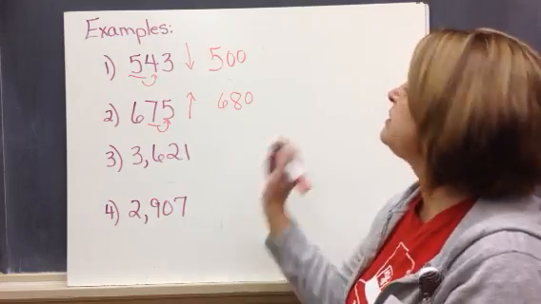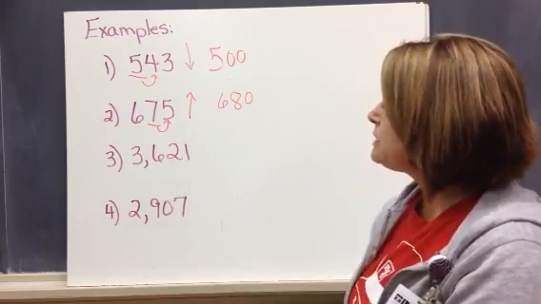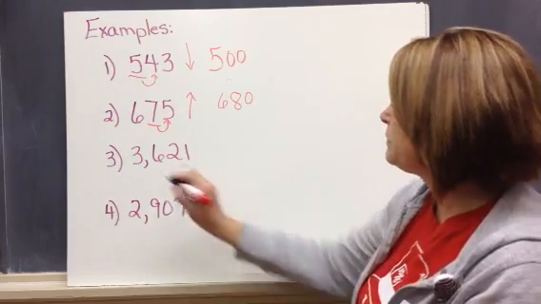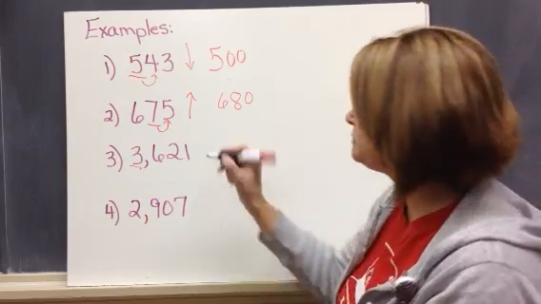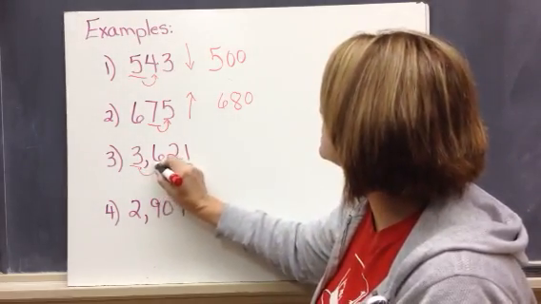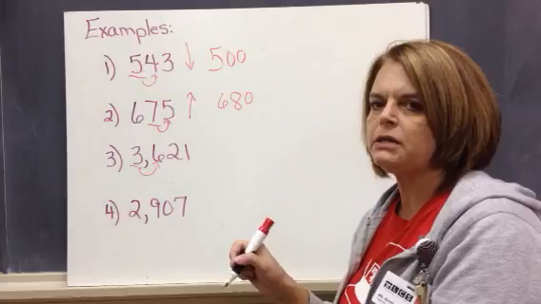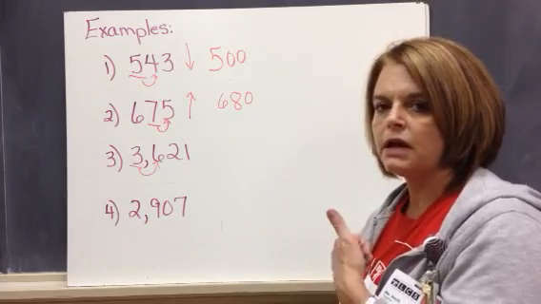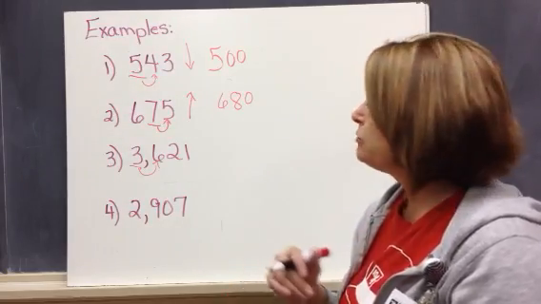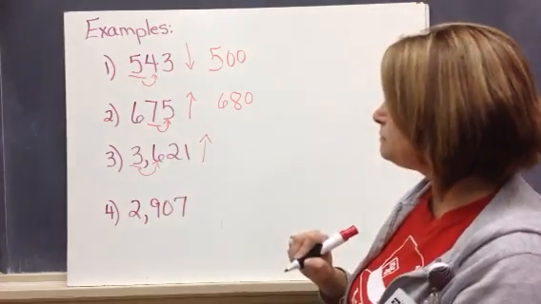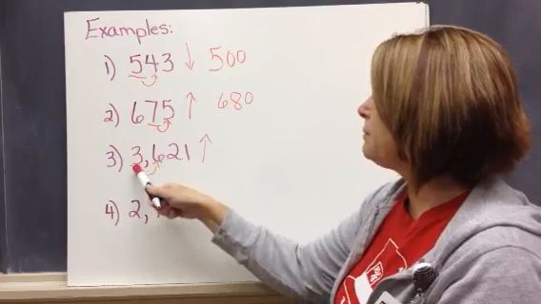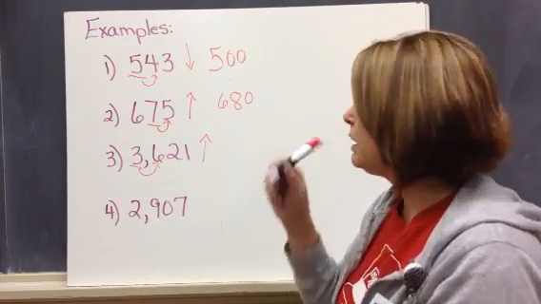All right, let's do one to the thousands place. Okay, what digit's in the thousands place? 3. Which number tells me what to do? Right, the 6. What does 6 tell me to do? If it's 5 or more, round up. If it's less than 5, round down. 6 tells me I have to round up. If I round up, my 3 is going to become a 4.